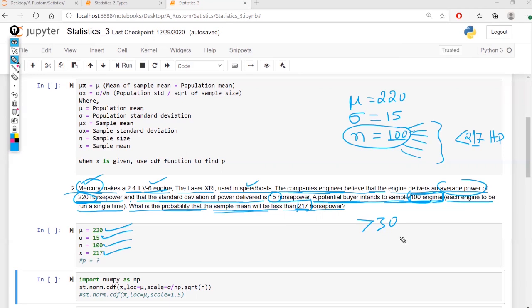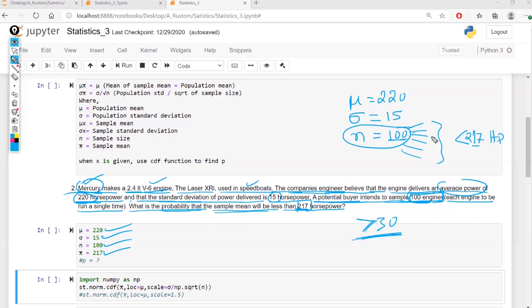At the beginning of this session, that is what we have understood. If the sample size is adequate, which is greater than 30, then I can say that our data is normally distributed. So keeping that in mind, I want to find the probability of getting less than 217 horsepower, which is a sample mean, right?